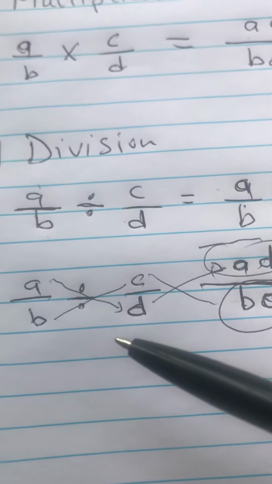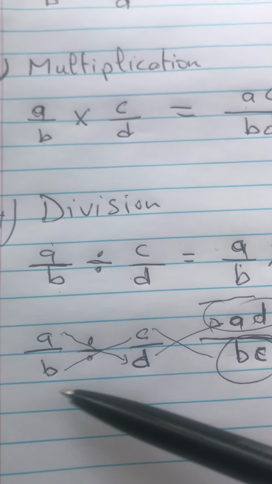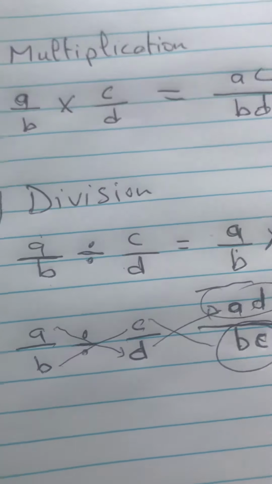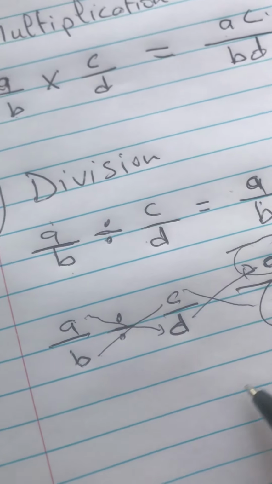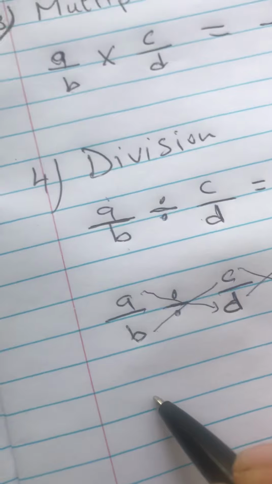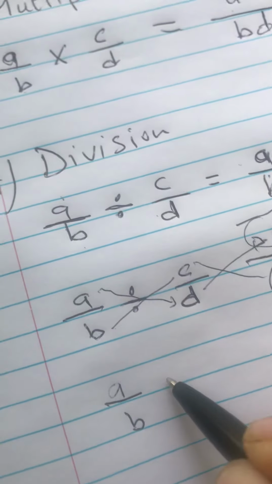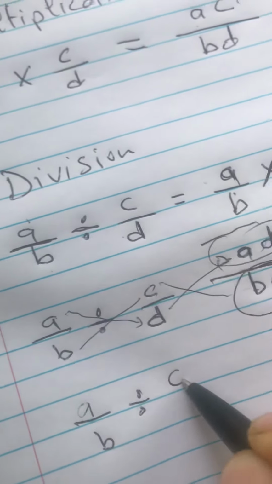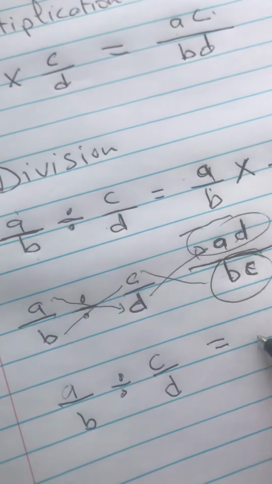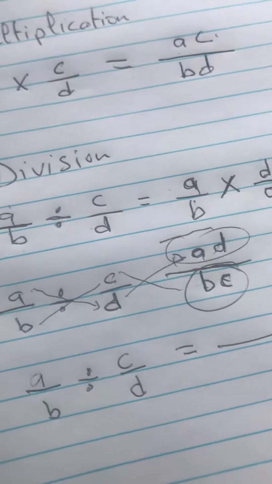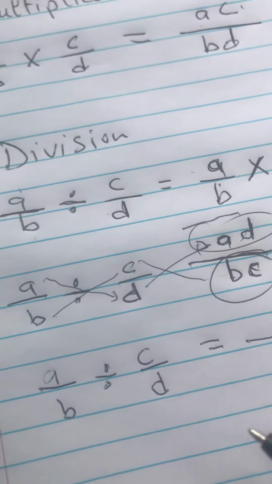So the second one is a over b divided by c over d. I can do it in a direct way if you follow me. a over b divided by c over d equals. We can do it by crossing the two. This is a straightforward answer.